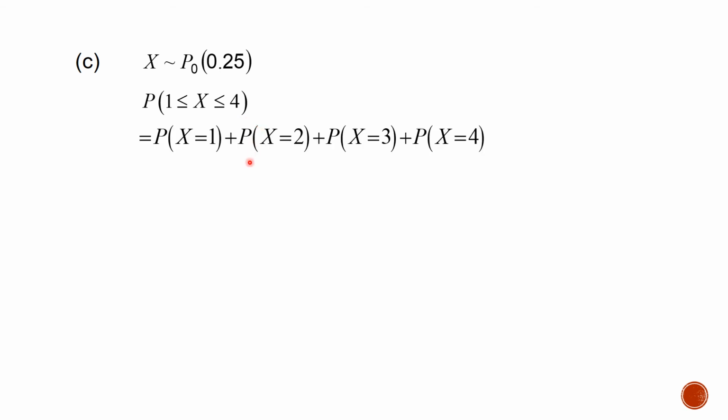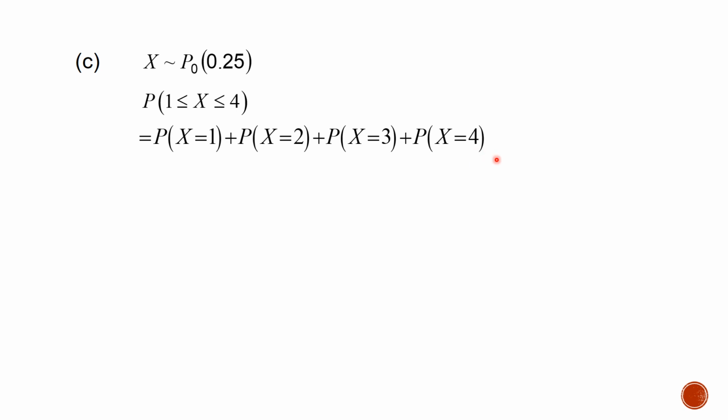Part C. Okay, for part C, you need to find the probability that the page contains between 1 and 4 printing errors inclusive. So your lambda remains the same because it still involves one page. So now you need to find the probability of X between 1 and 4 inclusive. Since this is discrete, we have P(X = 1) plus P(X = 2) plus P(X = 3) plus P(X = 4).